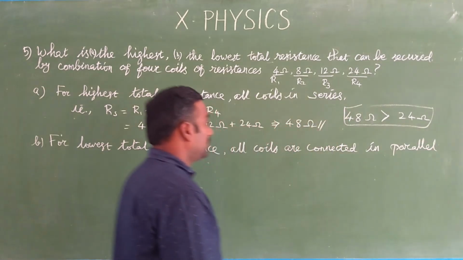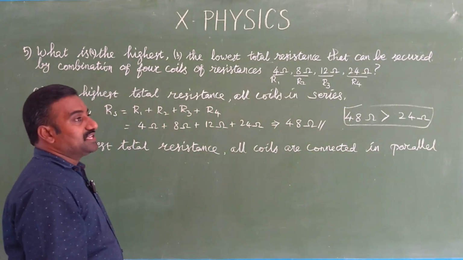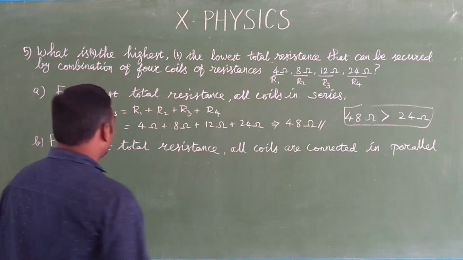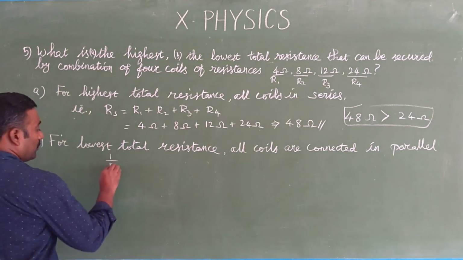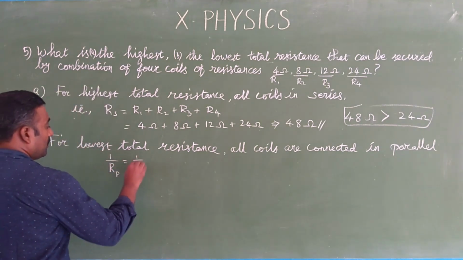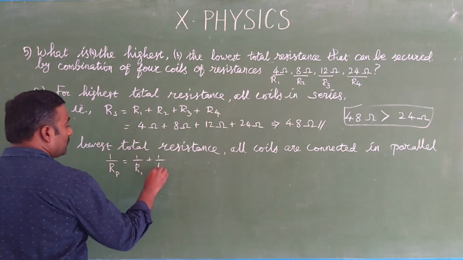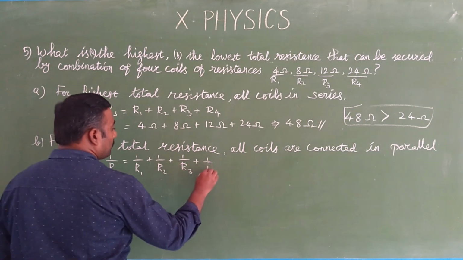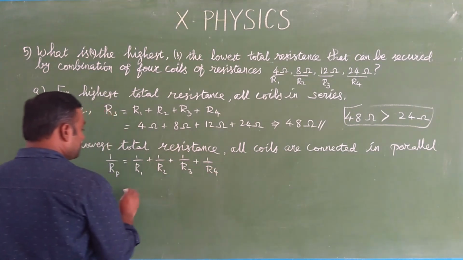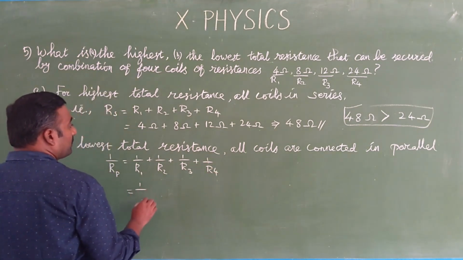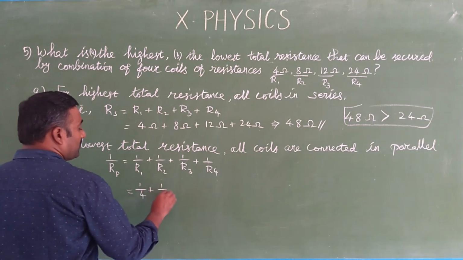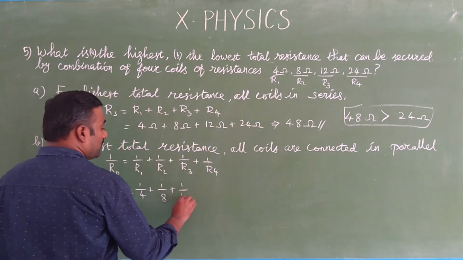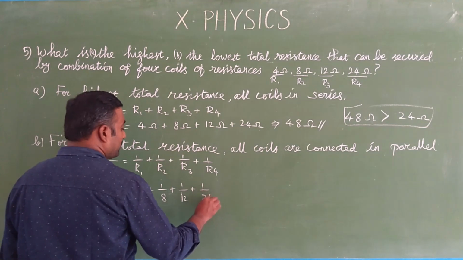So in this parallel combination, the equivalent resistance is less than the least value. So we know the formula. 1 by Rp is equal to 1 by R1 plus 1 by R2 plus 1 by R3 plus 1 by R4. So substitute all the values: 1 by 4 plus 1 by 8 plus 1 by 12 plus 1 by 24.